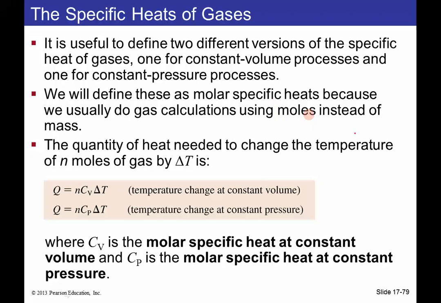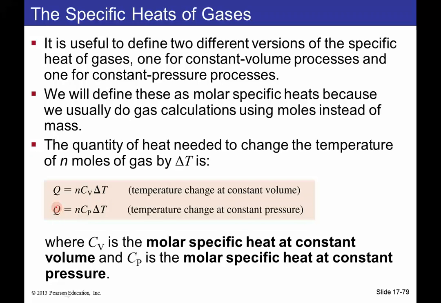We're going to use the molar specific heat because most of the time we'll be using moles. If you want to change the temperature by delta T for n moles of a gas at constant volume, then the heat that you need is equal to the number of moles times the specific heat at constant volume times the change in temperature.